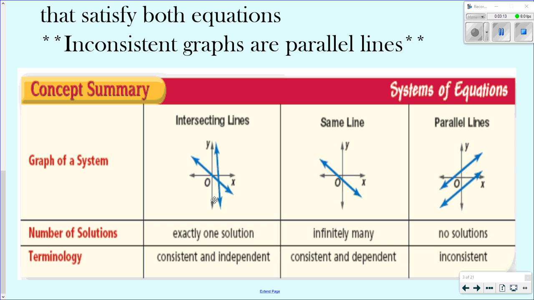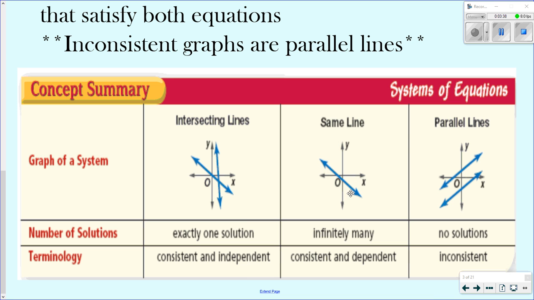You do one thing one way, they do another thing another way. But there's at least one thing that you have in common that you could agree on and try to work with. That is what consistent and independent is. You and your friend are independent, but you have one thing in common, so you make it consistent.